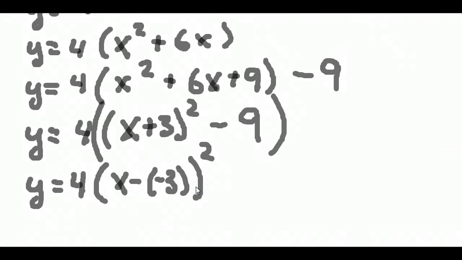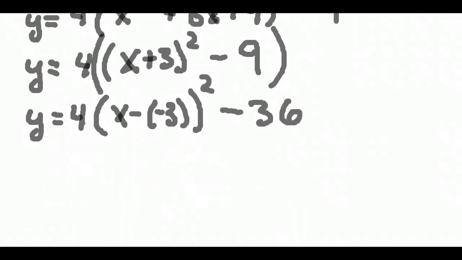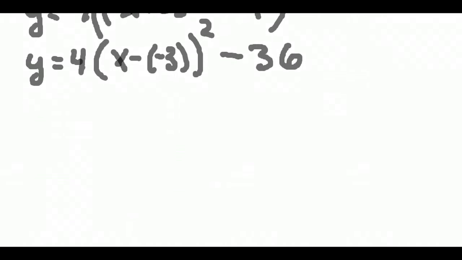So you have y equals 4 open, x minus a minus 3, close parentheses, squared. And then we're going to distribute that 4 to the negative 9. So 4 times negative 9 is negative 36. But that 4 is still part of everything in this equation.